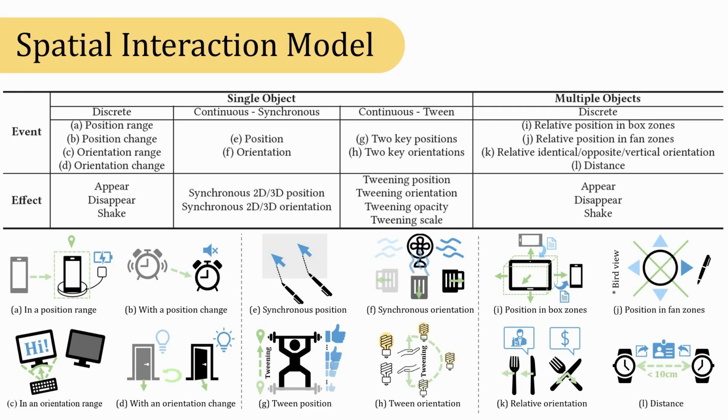We divide input into discrete event and continuous event of the smart objects, and output into discrete effect and continuous effect of virtual assets. Such a paired input event and an output effect compose a discrete or continuous input-out interaction. Continuous input-out interaction can be further categorized into synchronized and twin interactions.